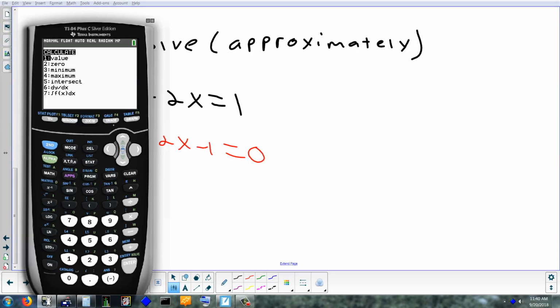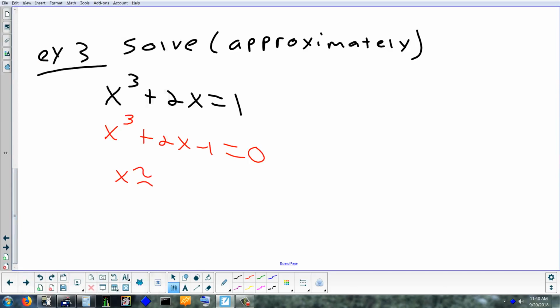Second calc 0. Pick a point left. Pick a point right. Do a guess. And you get an answer of 0.45. That's the answer. Did anybody that tried it get an answer of 0.45? Yeah. Okay.